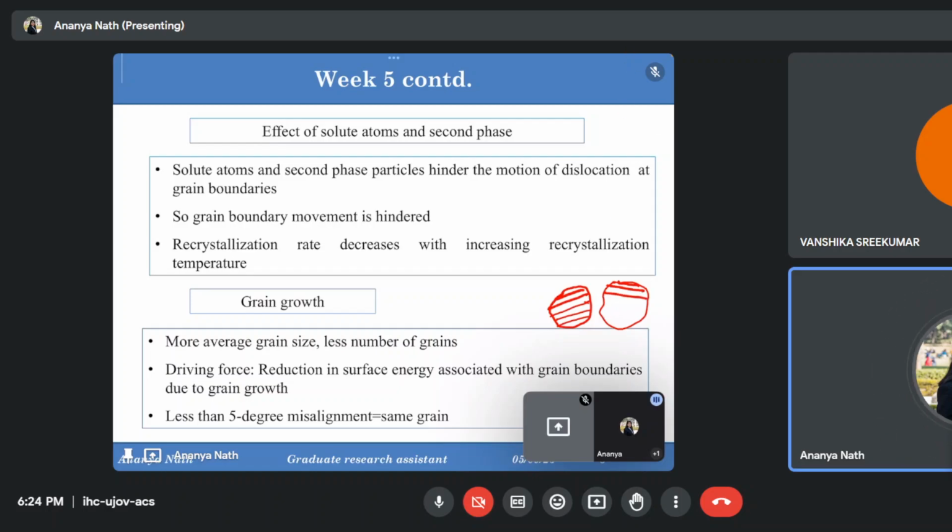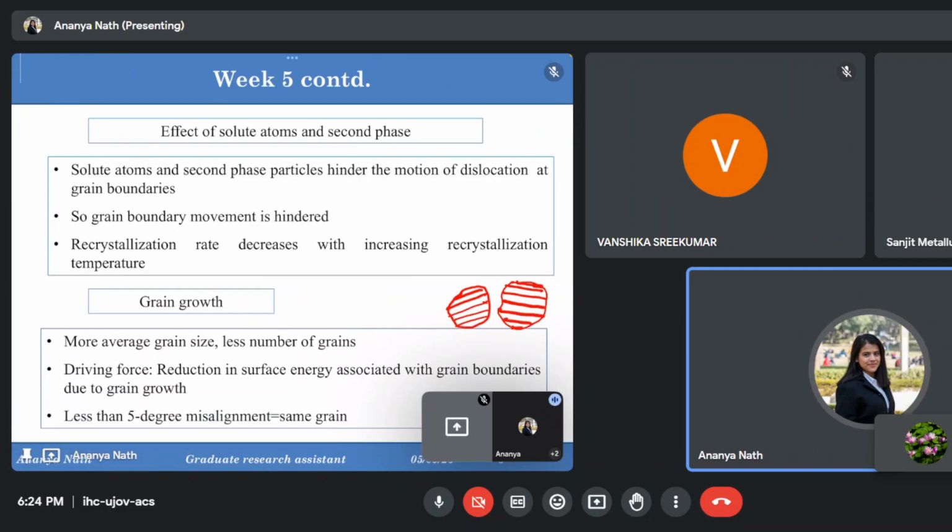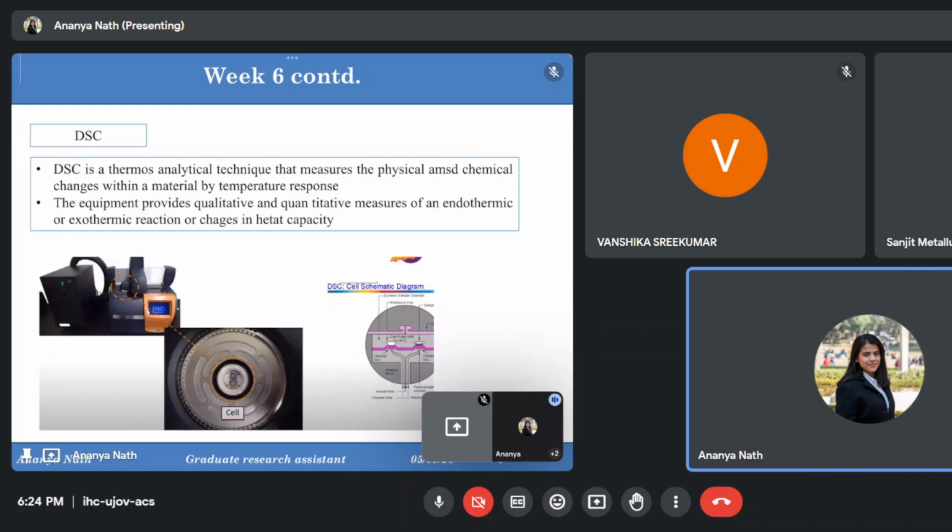That is why they have been introduced as separate grains. If this separation is less than 5 degrees, then it will be called the same grain. But if the misalignment between two grains is more than 5 degrees, they will be considered separate grains. This is one important thing.